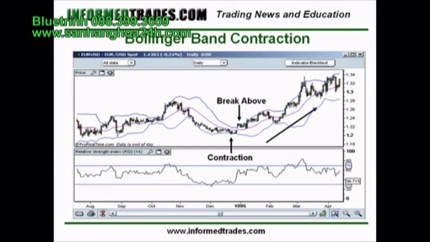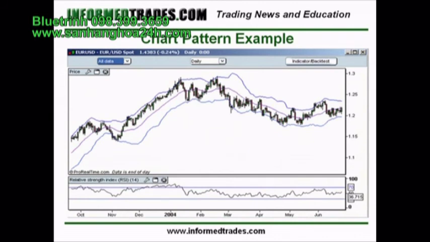Now, be careful if you do trade this strategy, because a lot of traders say that the first break above or below the Bollinger Band line tends to be a fake out, so it actually reverses and goes in the opposite direction, and a lot of traders will trade the second break to avoid getting faked out and pulled into a trade in the wrong direction.